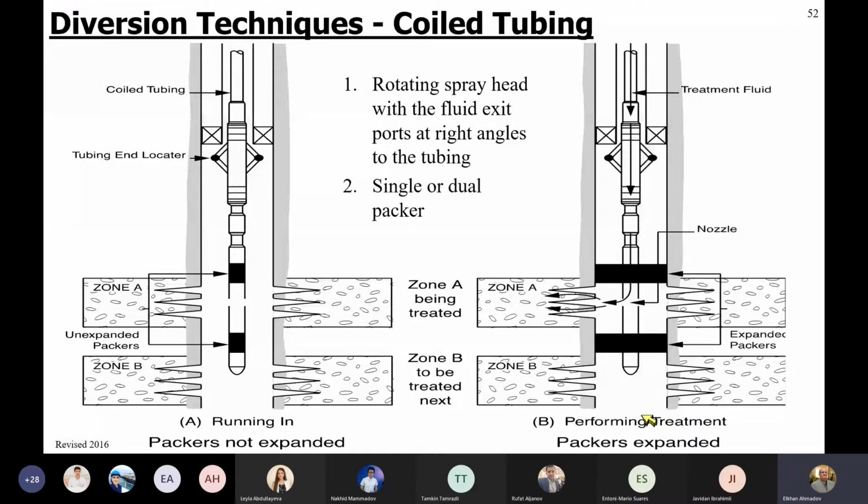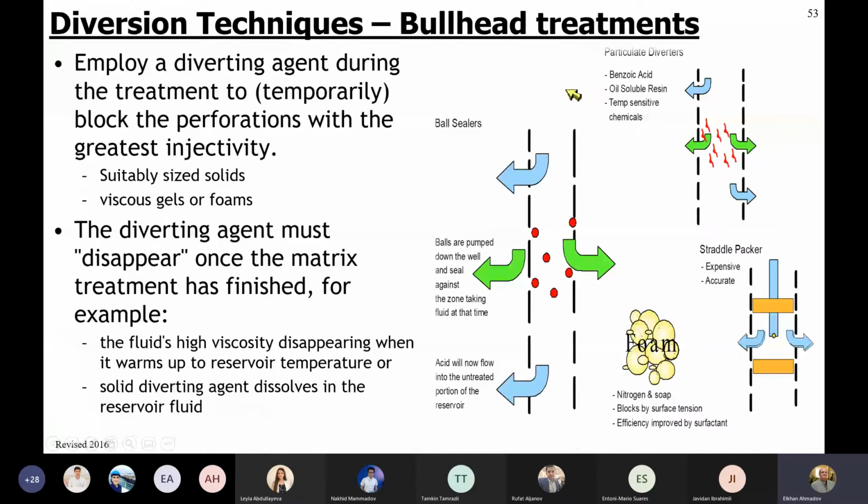For bullheading, we use ball sealers or chemical sealers, again straddle packers, and foaming materials that will increase the viscosity in these areas, and the acid will go into the mostly damaged zones.